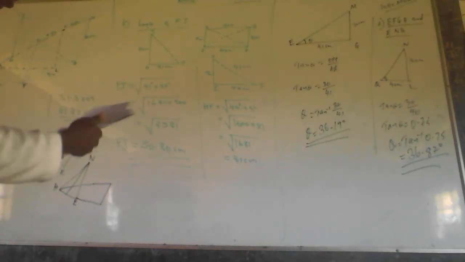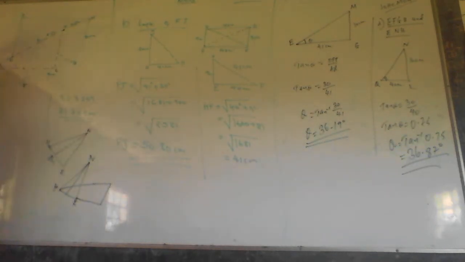Now we find the angle between the lines EH and GL. You see where the lines are passing through.